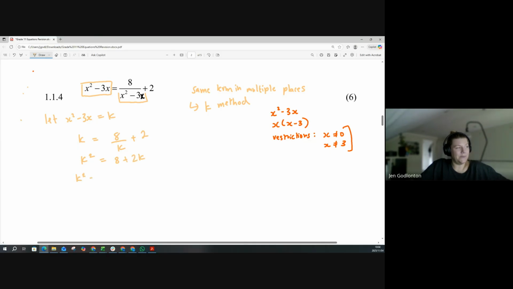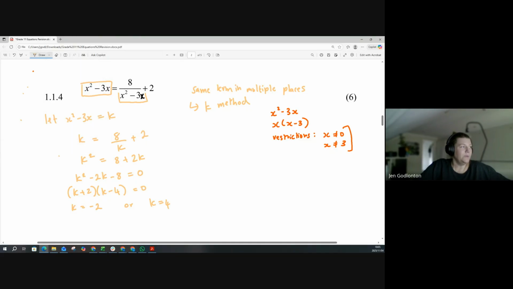So k squared minus 2k minus 8 equals 0. And then we're going to do a trinomial. So k plus 2, k minus 4. So k is equal to negative 2, or k is equal to 4. Okay, that's step one.